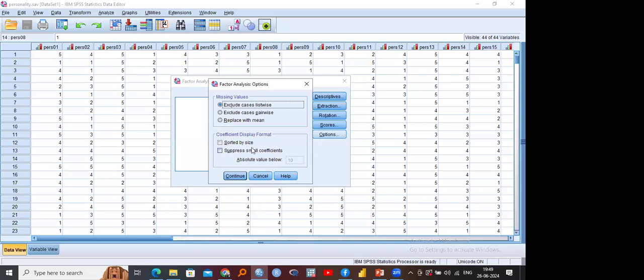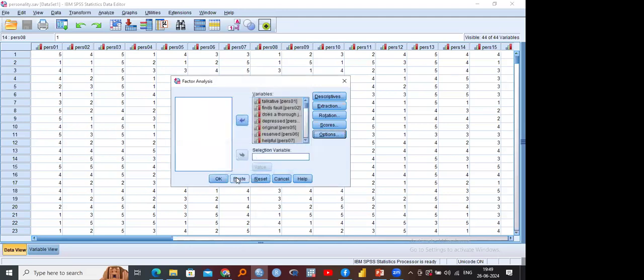Right now, please don't do it. I will tell you after we have done the first interpretation of the output, then I will tell you how beautiful it is if we sort it by size. This is a very, very, very useful option in case of factor analysis. But right now, please don't do it. So just let it be, okay?